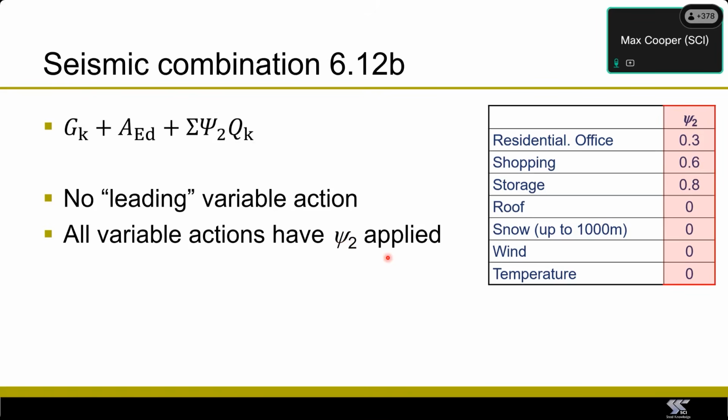So that's essentially like the quasi-permanent loading, and here's the range of values given in the UK National Annex. We can see, quite intuitively, that wind, snow, and roof loading, so typically access, have no quasi-permanent component. But when we look at, for example, office or shopping, or more critically storage, we see that a higher proportion of the characteristic value could be considered quasi-permanent, and that needs to be considered in the seismic combination.